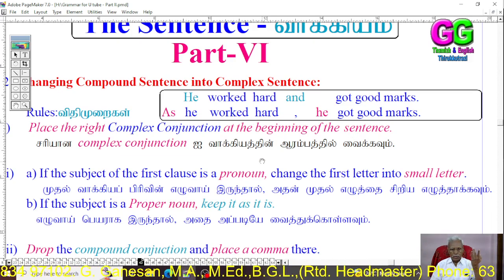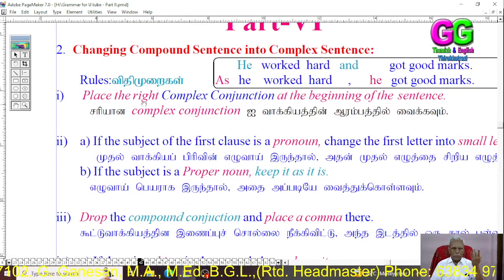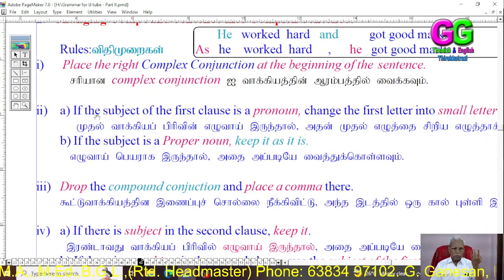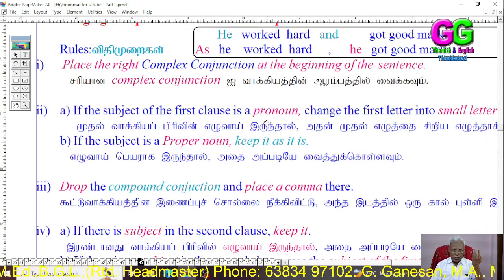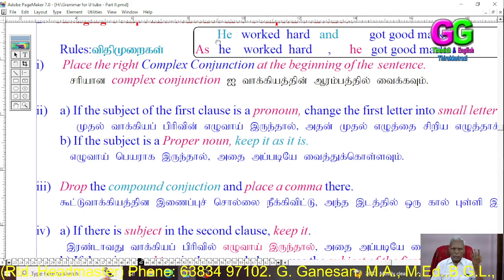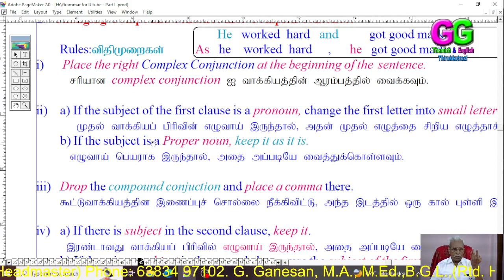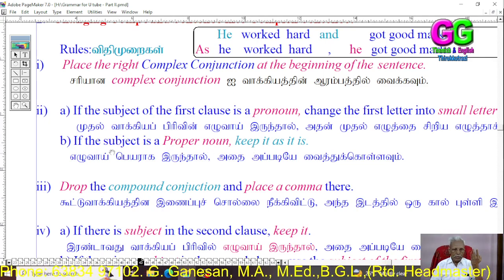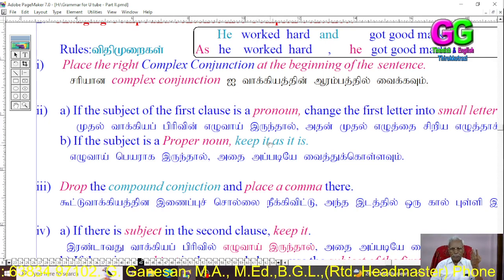Compound to complex. See the rules. Rule 1: place the right complex conjunction at the beginning of the sentence, as. Rule 2: if the subject of the first clause is a pronoun, change the first letter into a small letter. Pronoun, capital H, small h. If the subject is a proper noun, keep it as it is.